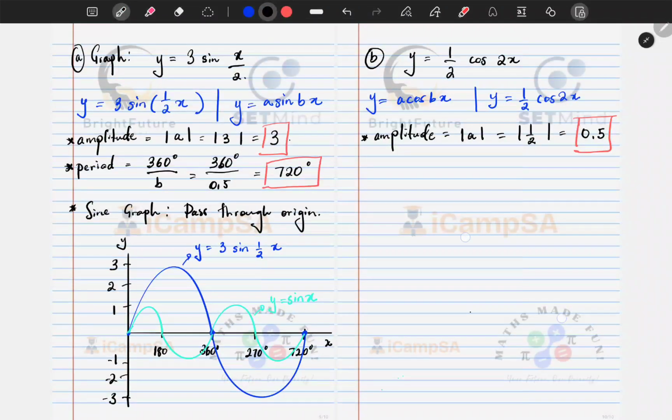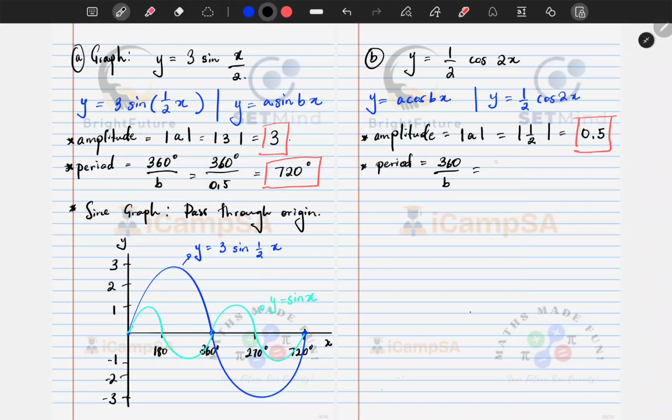So now how can I find my period? Remember, what did I say? The maximum number of degrees that cosine can reach in a unit circle is 360. So it will always be 360 divided by this multiplier, right? So your period will be 360 divided by b.